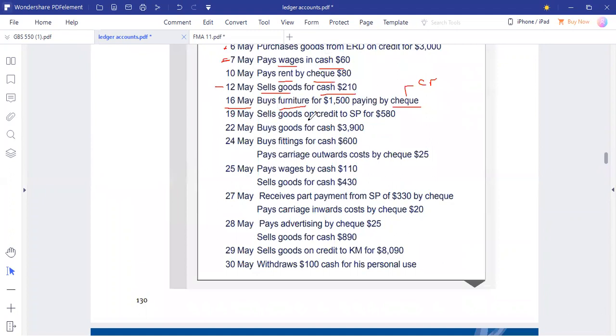Sold goods on credit SP 580. Sold goods on credit SP 580. Tamia and Munda, what are we doing here? Sells goods on credit SP 580.